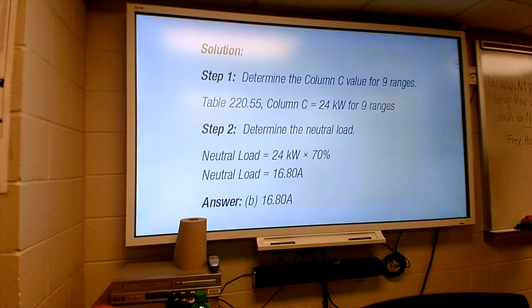So watch this right here. 16.8 kilowatts divided by what will give us amps? Let's see, if it's a 240 volt circuit, the voltage is 240 volt. When you divide kilowatts by volts, it gives you amps. That's how you arrive at your amps. You've got to go an extra step to do that.